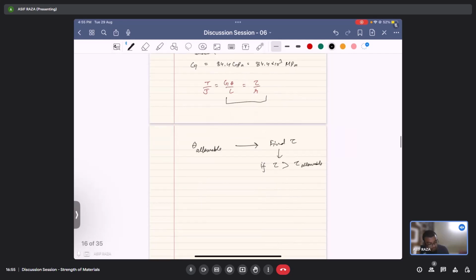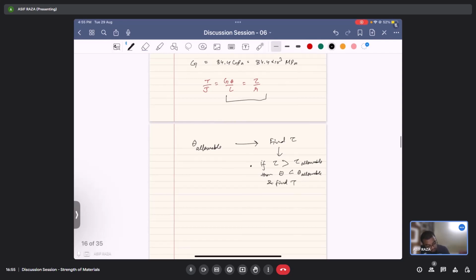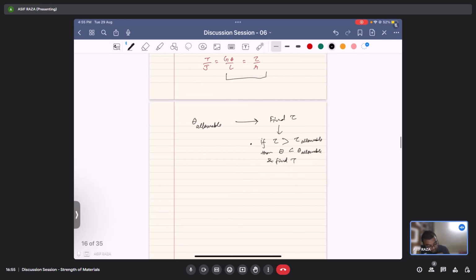then theta should be less than theta allowable, and find T corresponding to this.